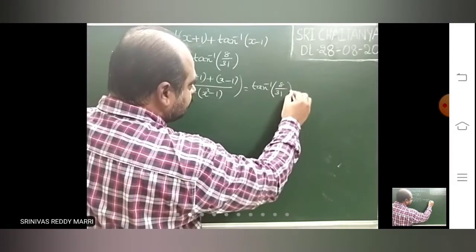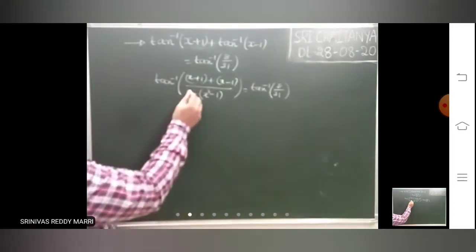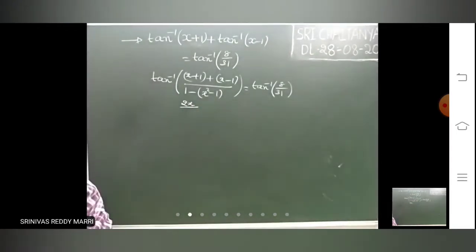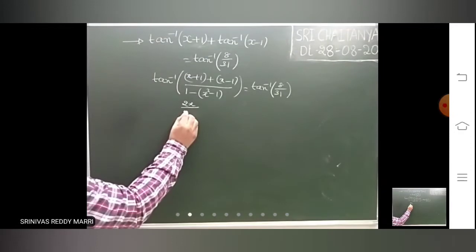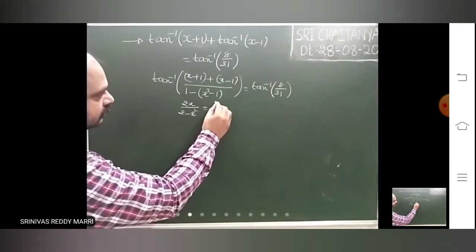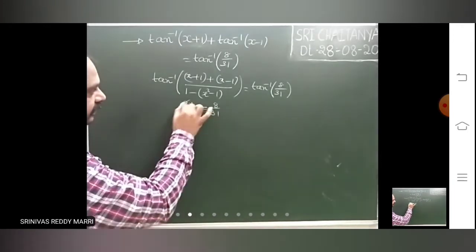8 by 31. That means you will get 2x divided by 2 minus x square equal to 8 divided by 31.